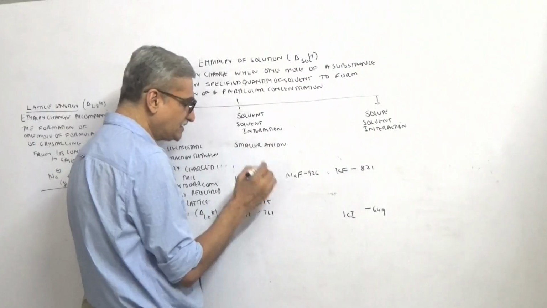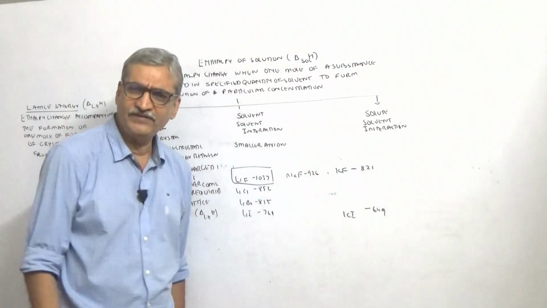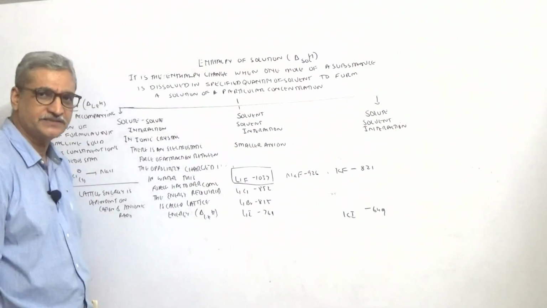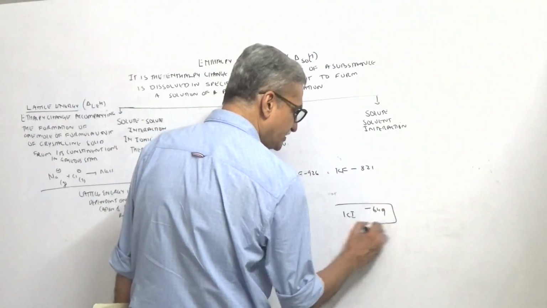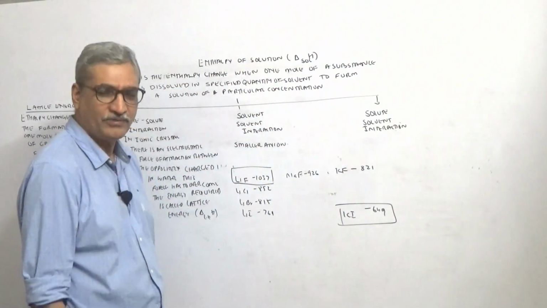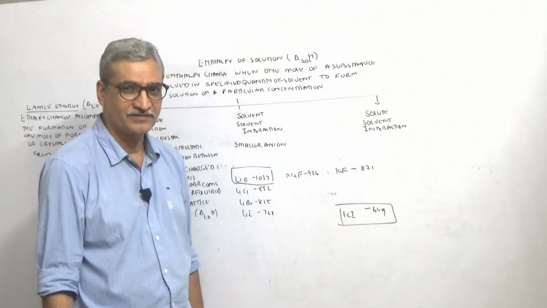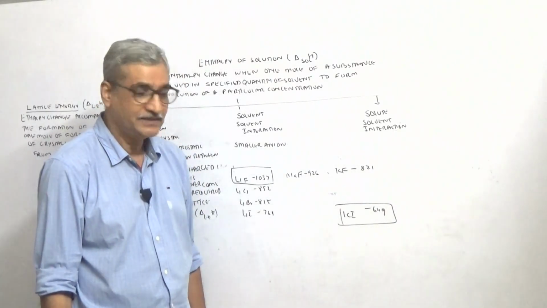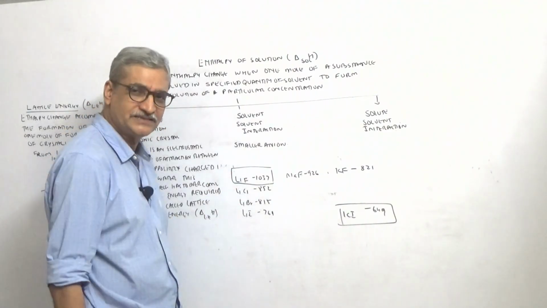So, what do you realize over here? Maximum value of lattice energy is lithium fluoride and the least value is potassium iodide. Why? So when will the lattice energy be more? If they are giving a comparison, they might just give you all this lithium fluoride, sodium chloride, which will have the maximum lattice energy.